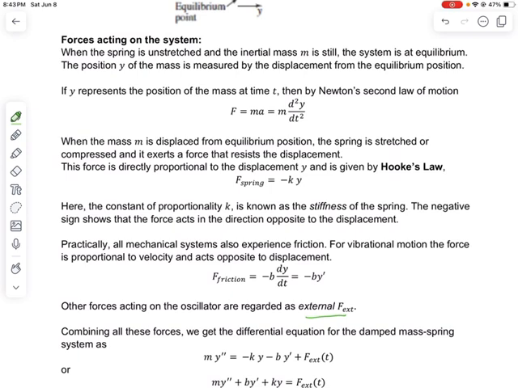Now we combine all the forces, the spring force, the friction, and the external force, acting against the force due to motion.